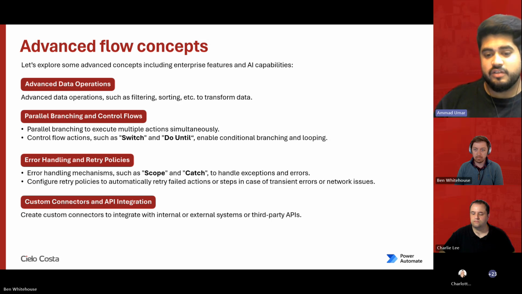We could configure the retry policies to automatically retry the failed actions, something we've done similarly recently in a case where the flow was failing due to maybe a Microsoft issue, so we added in a retry policy. We could also configure custom connectors. So maybe you have a third-party API or any custom application. You could create a custom connector to connect with it.